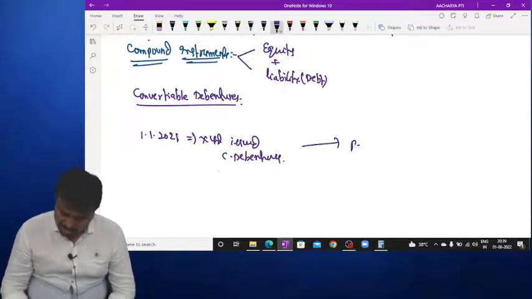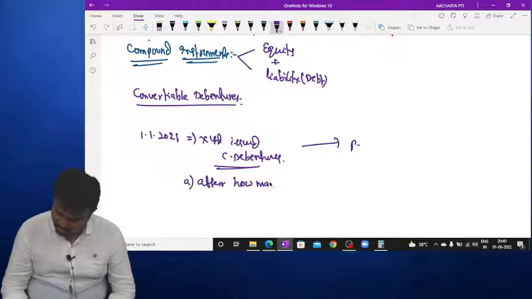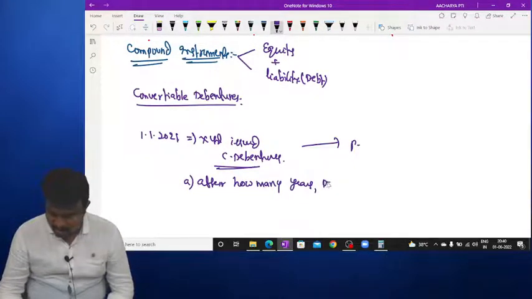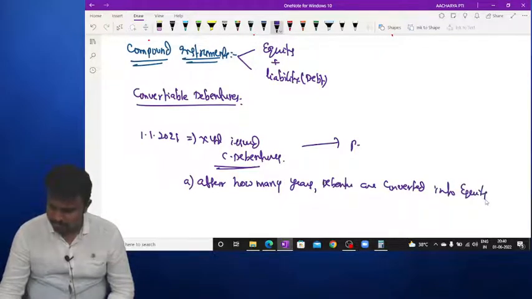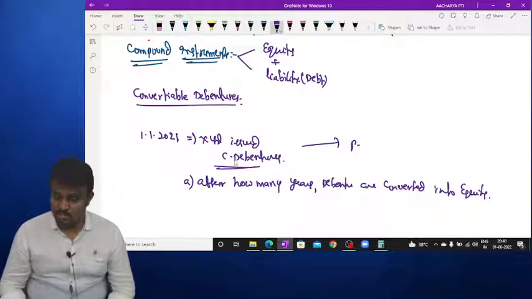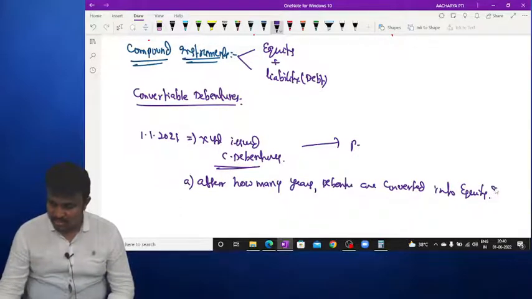So here, at the time of issuing the convertible debentures, he clearly stated after how many years the debentures are converted into equity.